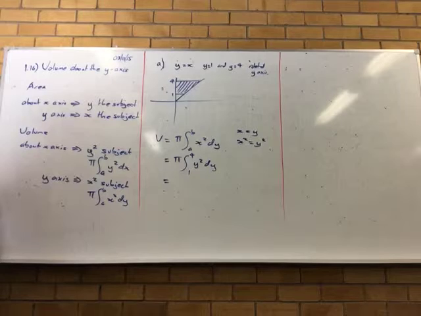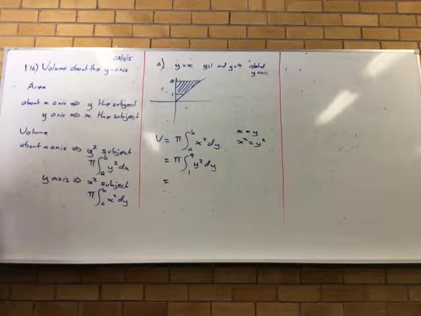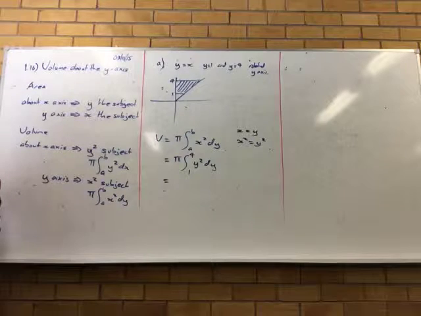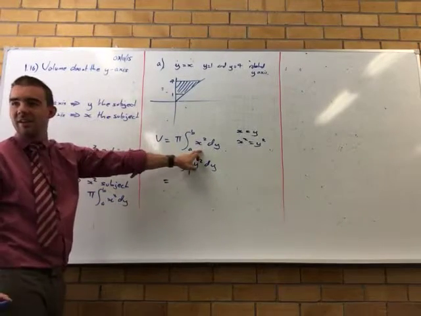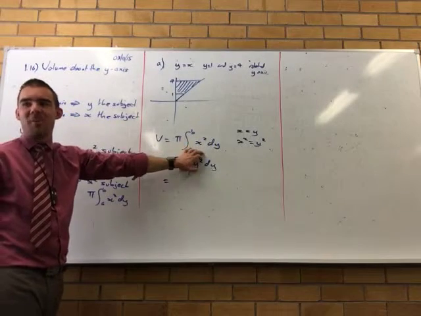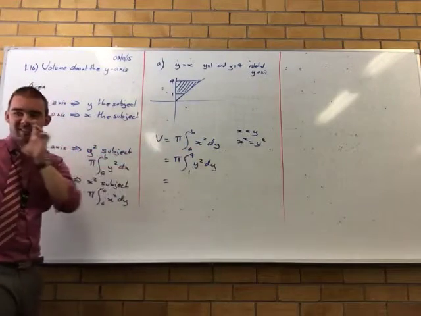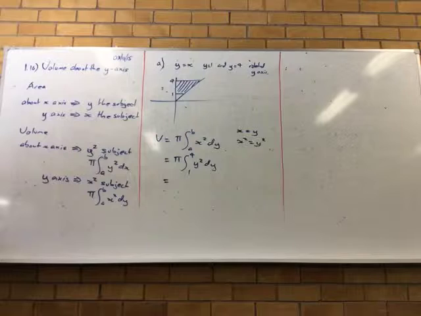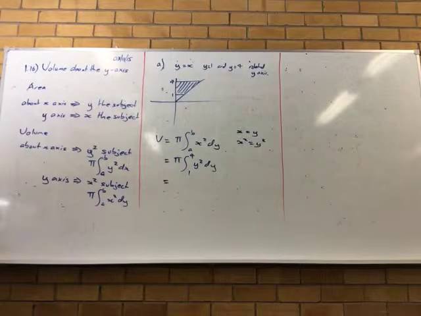It would be the same thing if we did dx. What do you think it should be? Go back to the other ones, when it was around the x-axis. You swap it over. Is it just coincidence? Yeah, just coincidental.